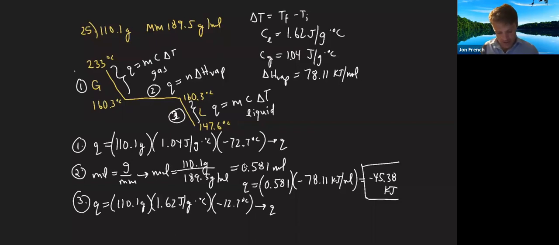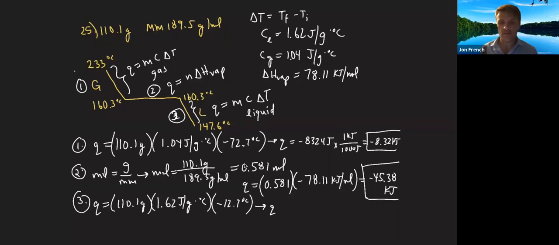If I multiply 110.1 by 1.04 by negative 72.7, I get negative 8,324 joules. It's asking for the answer in kilojoules, and for every 1,000 joules I have 1 kilojoule. So I've got negative 8.32 kilojoules from step 1.